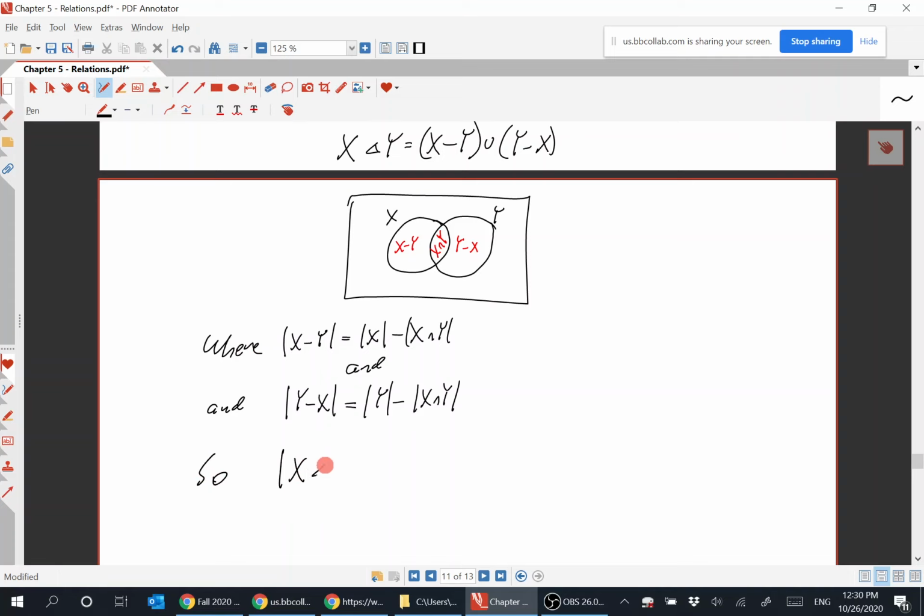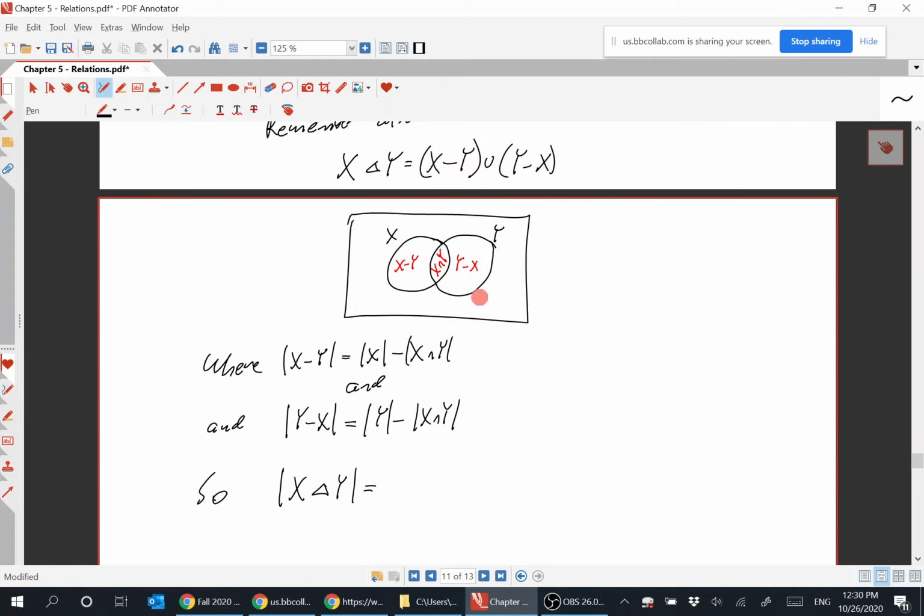So the order of X symmetric difference Y is equal to the order of this plus the order of that, which is the order of X plus the order of Y minus what?